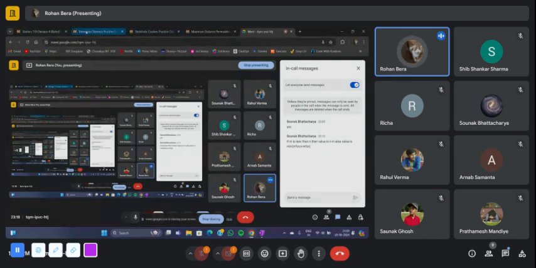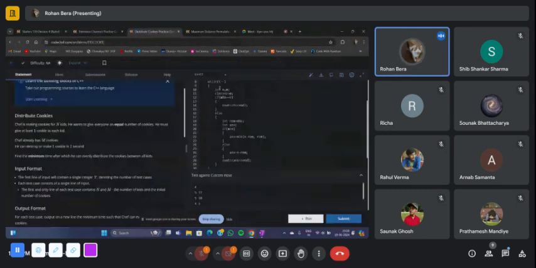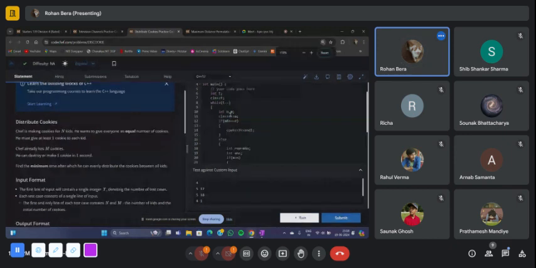So let's look at the code. If m is divisible by n, in that case I'll simply write the answer as 0, because I don't need to destroy or make any cookie.